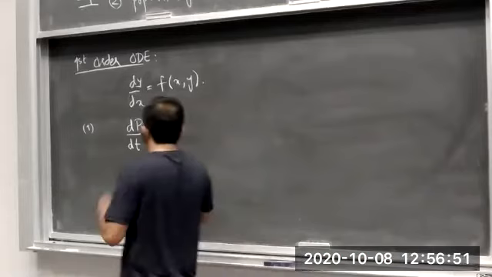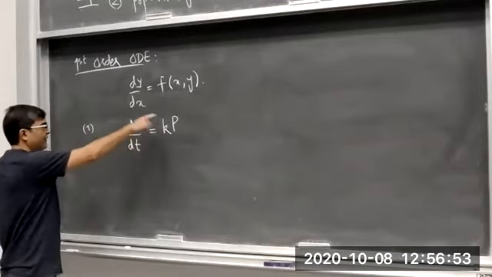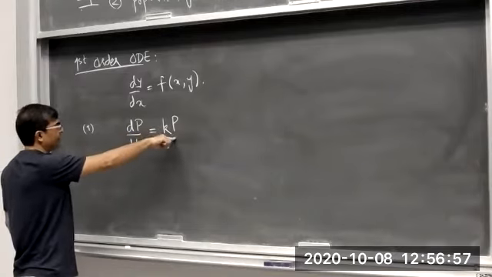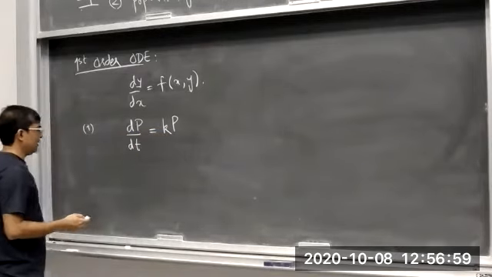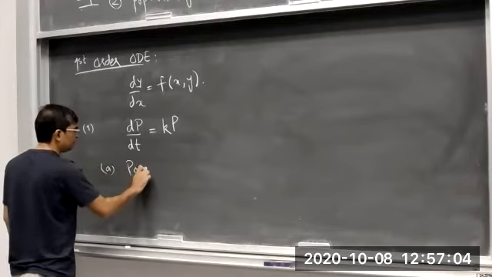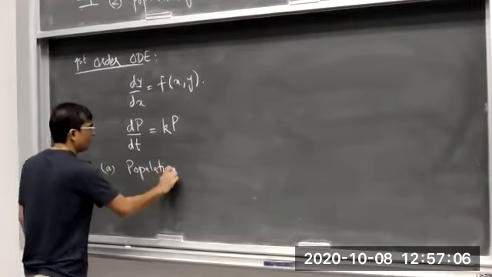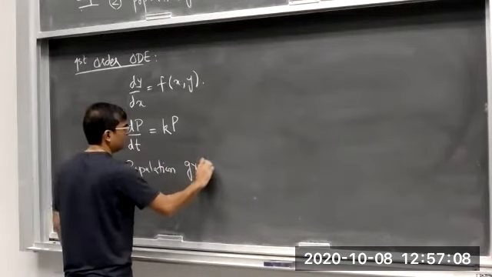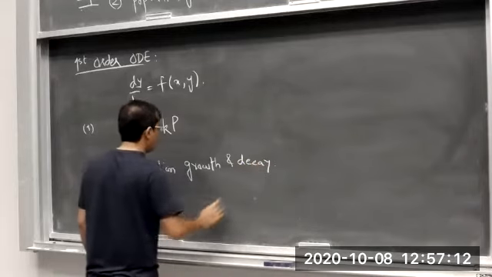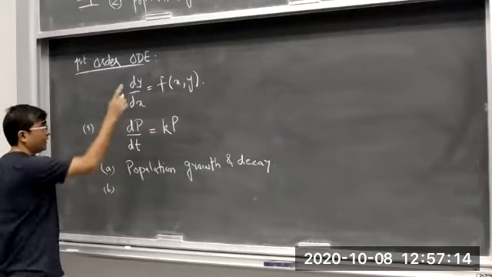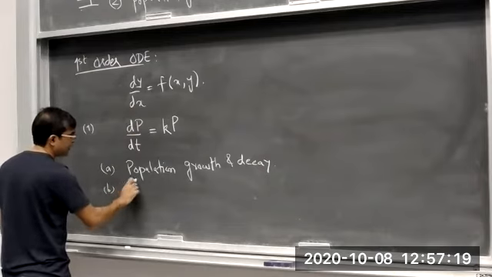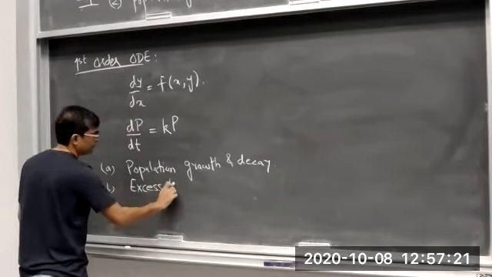For example, आपके पास ये जो differential equation है, this differential equation can model population growth and decay. ठीक है. B, अभी मैंने जो आपको बताया, rate of change of heat, or you can say excess heat. ठीक है.